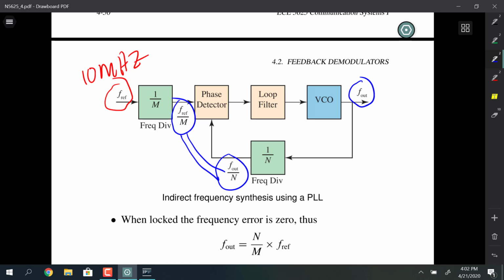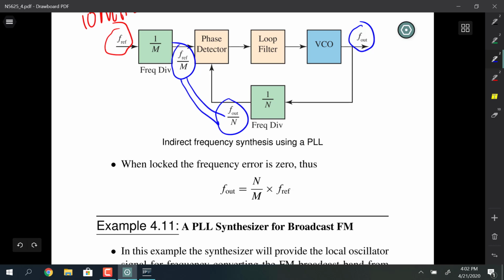If you remember from the phase plane plot, that was the horizontal line passing through 0. That was when d psi dt equaled 0, and that would be the frequency error equals 0 when the loop locks up. So that's all there is to figuring out how this simple phase lock loop synthesizer works. You just rearrange that equality, and you've got F out equaling N over M times FREF.